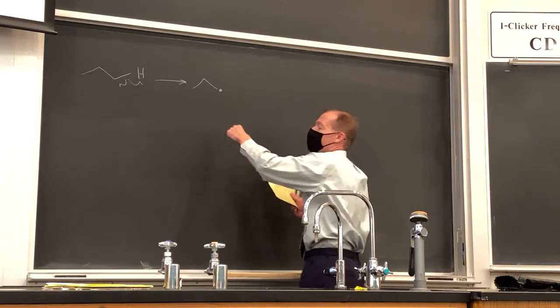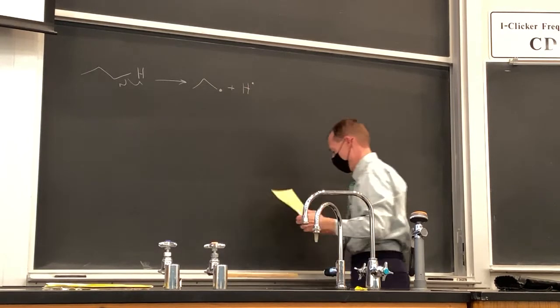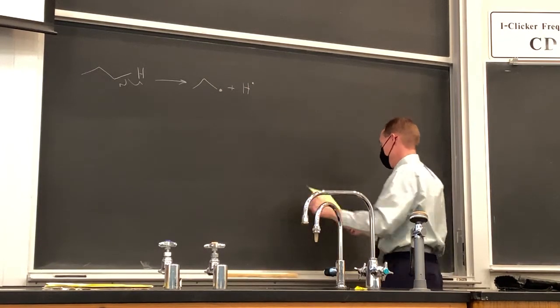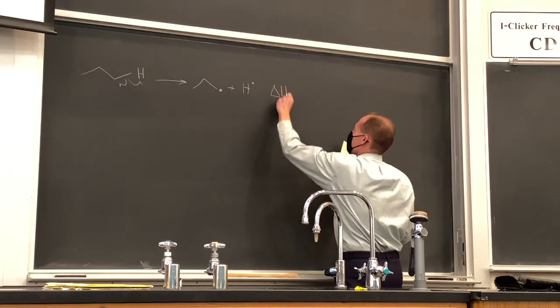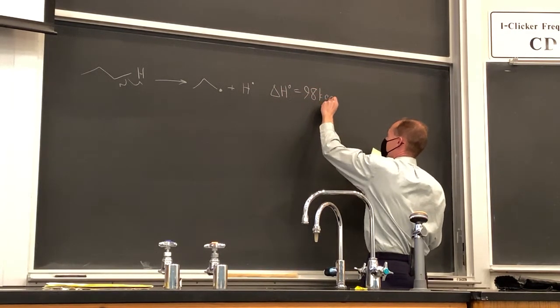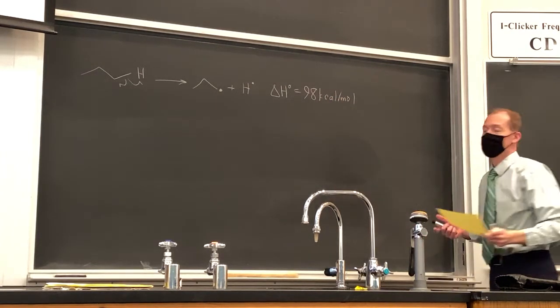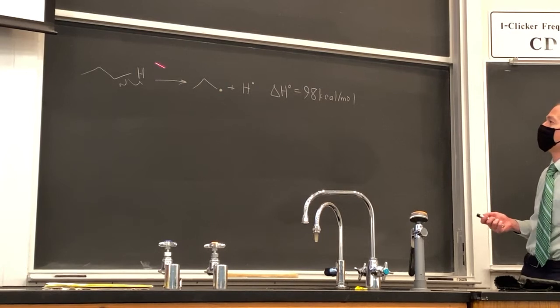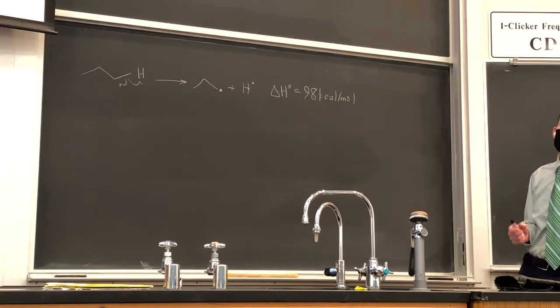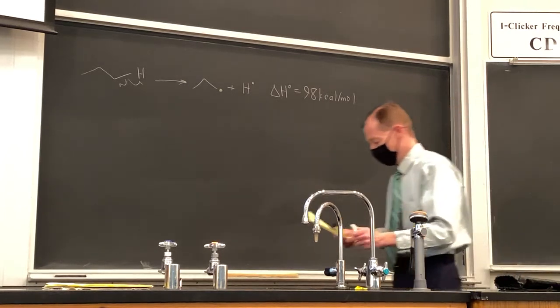That will give us a primary radical and a hydrogen atom. So the difference in energy between the products and the reactants in this step is 98 kilocalories per mole. So we say the bond dissociation energy of this primary carbon-hydrogen bond is 98 kcals per mole.